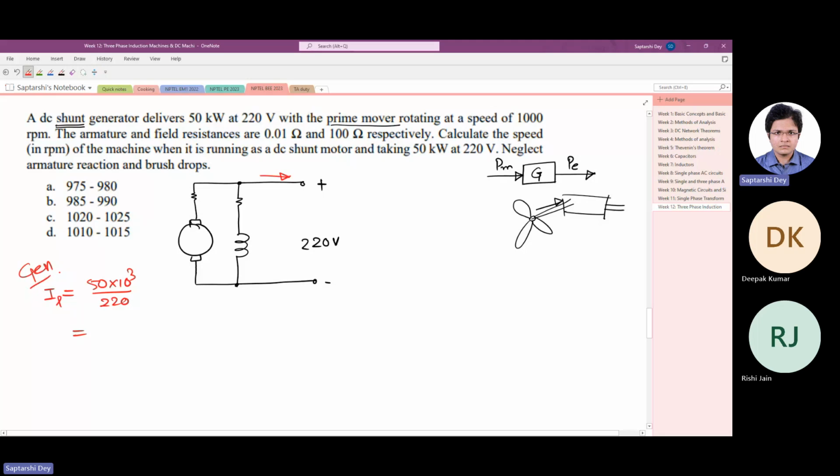Let me just open my solutions. Yeah, it will be 227.3 ampere.